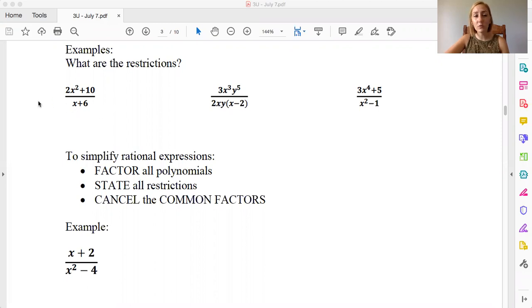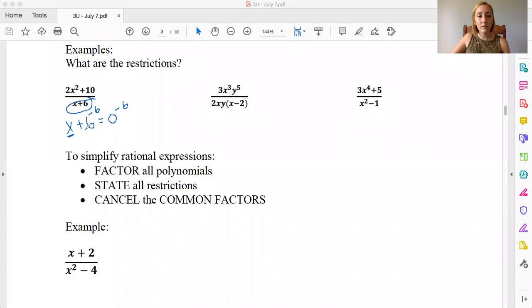So you take the denominator, you make it equal to 0, and then you find what x would be that would give you 0. Like, what plus 6 gives you 0? One way to do that is to solve for the variable. You want x on its own, so you're going to subtract 6 on both sides. Whatever you do on one side, you do to the other.